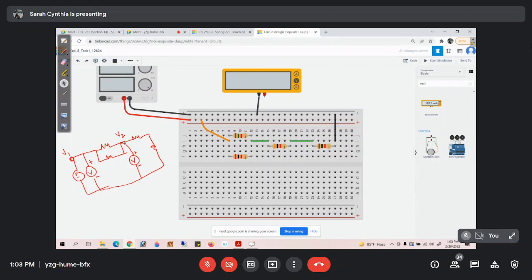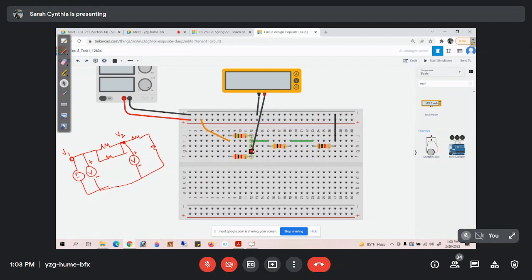Where is the node at which V2 lies? 12, I guess. Yes, very good. So this is basically the node where the parallel connection ends, right? This is the node where the positive terminal of the multimeter will be connected.